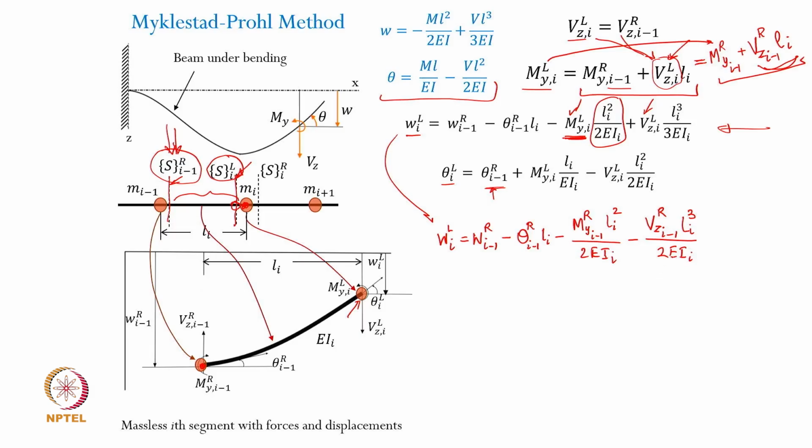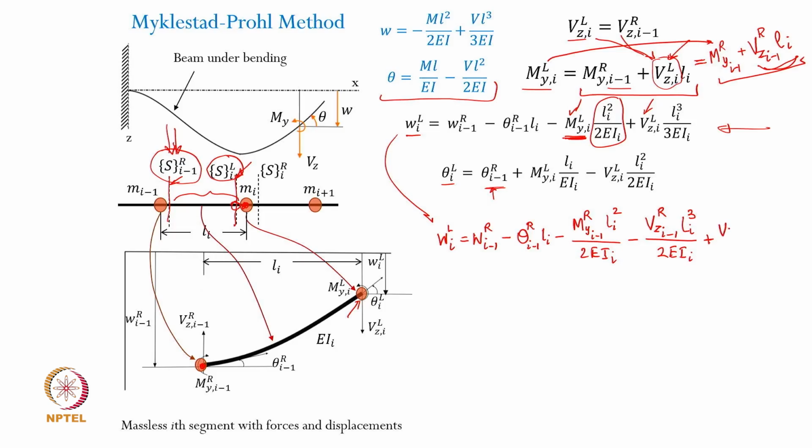This is with the assumption that the modulus of elasticity is the same throughout the beam or the continua. But as I said, you can keep it different if that is the case. Mostly that will not be the case. You typically use only the same material actually.